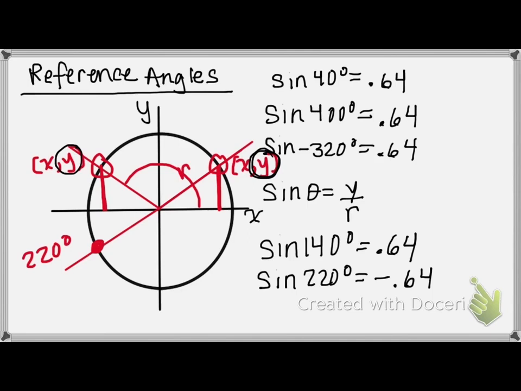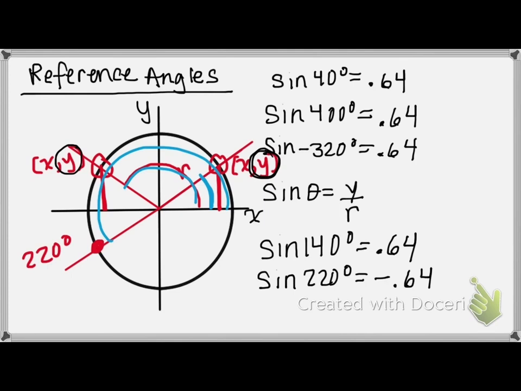So under this idea of reference angle, all these angles have the same reference angle. This angle and this angle and this angle all have the same reference angle. Now, what is that reference angle?